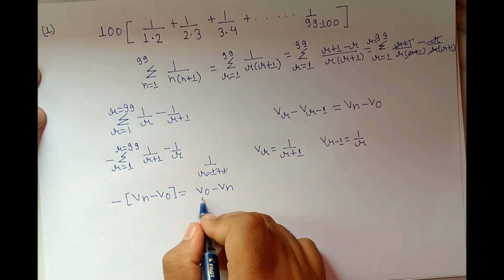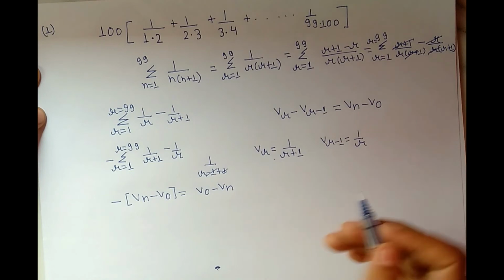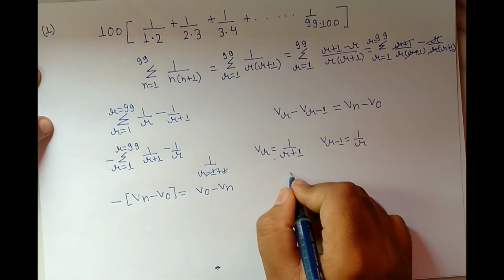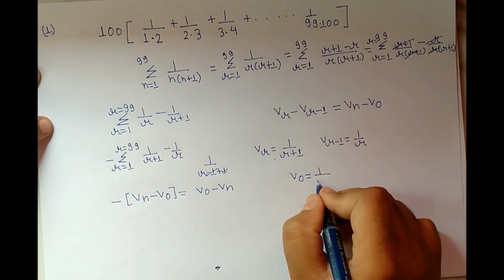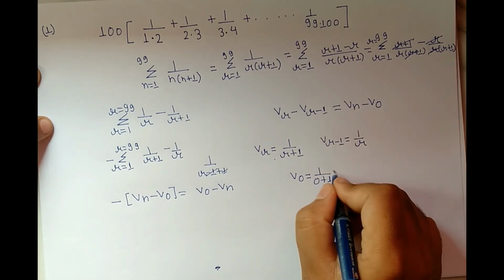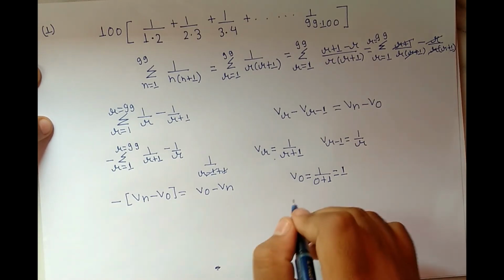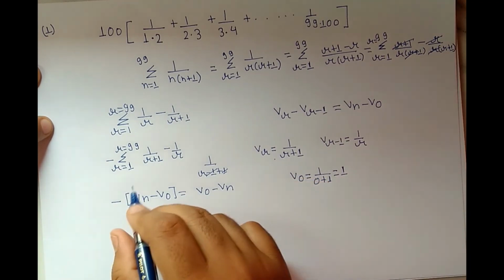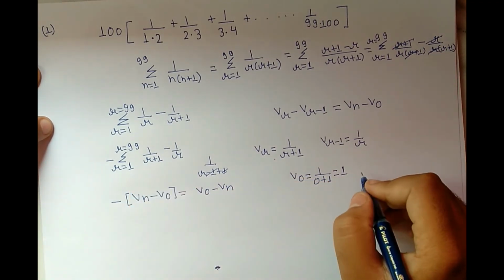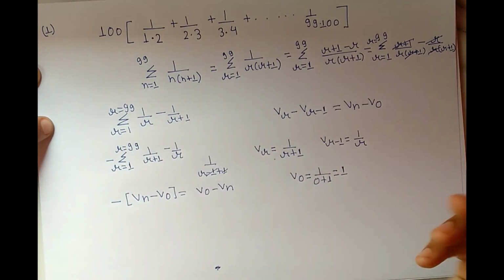To find the value of V0, we will replace the value of r with 0 in this equation. So V0 would be equal to 1 divided by 0 plus 1, that is 1. And to find the value of Vn, we would replace r with n, and the value of n is 99, because 99 is the final limit of this sigma notation.